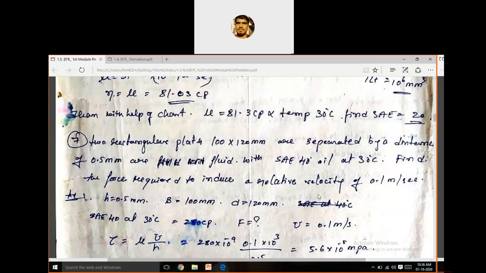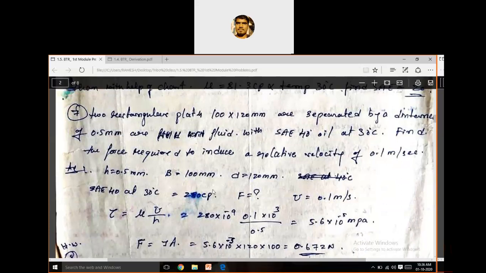Find the force required to induce a relative velocity of 0.1 meter per second. Here H is given, B is given, and for SAE 30 the viscosity is 280 centipoise. Find F, with U given.